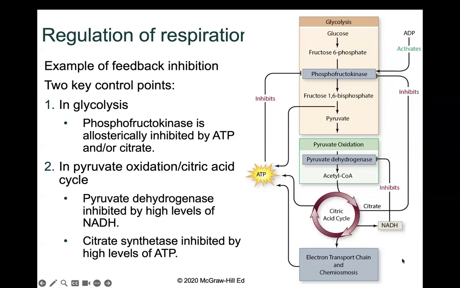You don't want to come to the point where you don't have any more NAD. So when you have a lot of NADH, this becomes an inhibitor to pyruvate dehydrogenase, and will also inhibit phosphofructokinase in some way. So ATP and NADH become inhibitors. They will stop this whole production when there's too much of them.